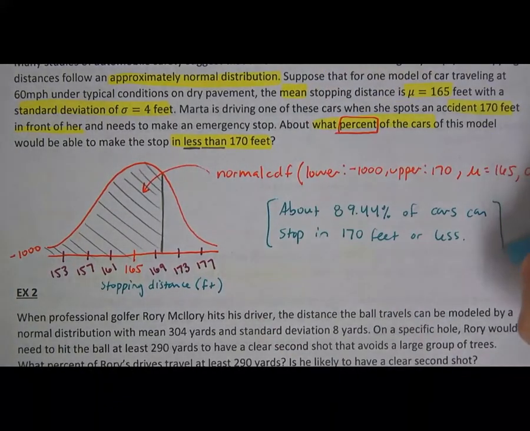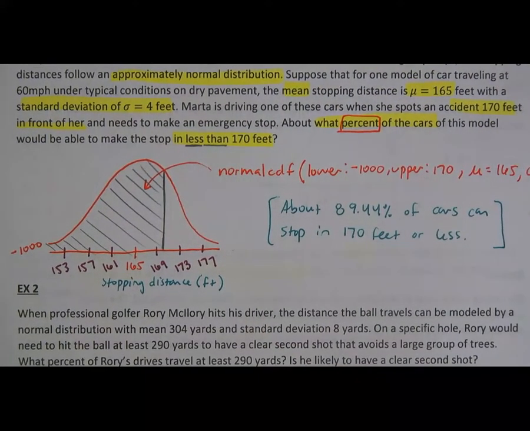So she's got a pretty good chance of being able to stop in this model of car that they're talking about. Her odds are good. She's got about an 89% chance of being able to stop in time.